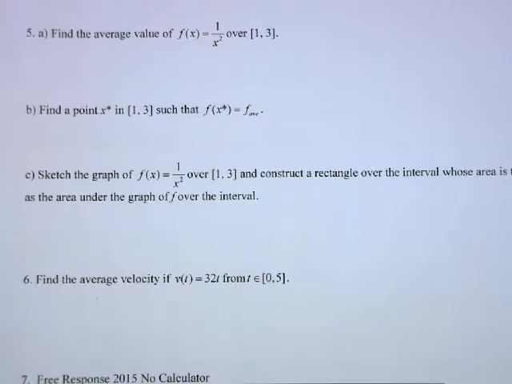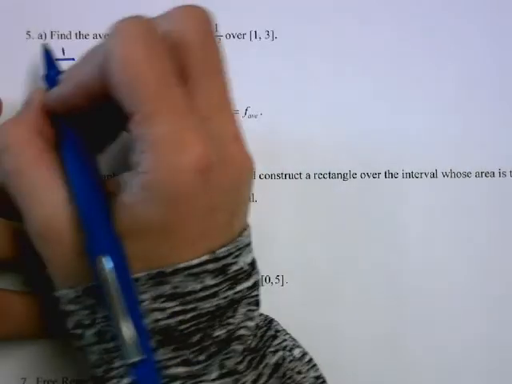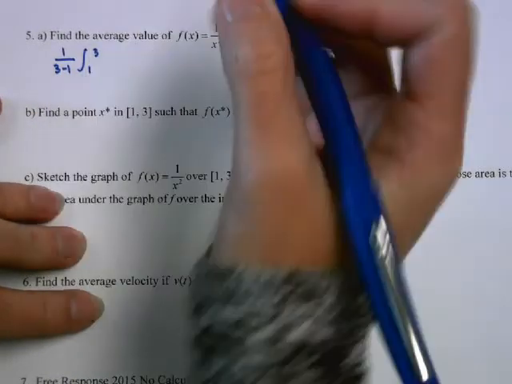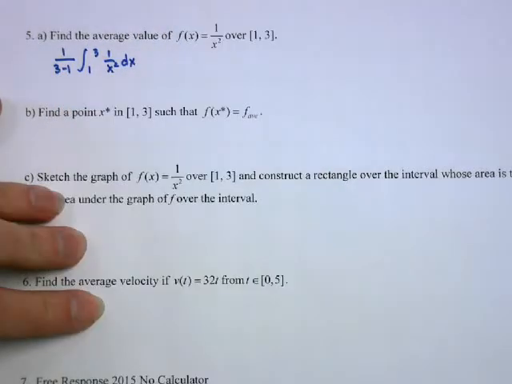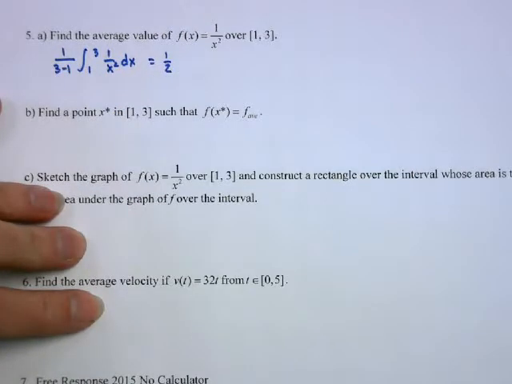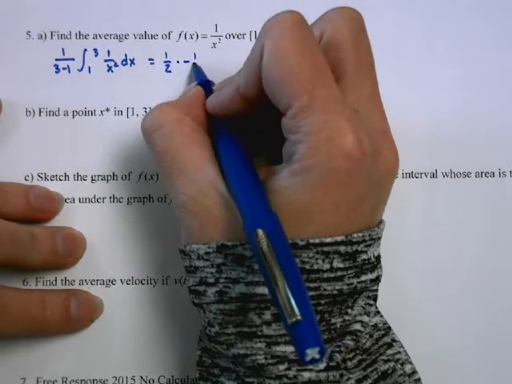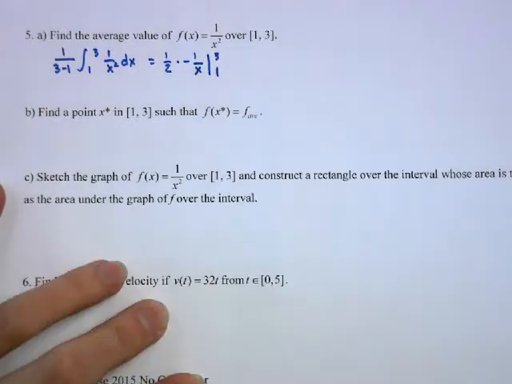Okay, find the average value of 1 over x squared from 1 to 3. So this is going to be 1 over 3 minus 1 times the integral from 1 to 3 of 1 over x squared dx. So this is going to be 1/2. The integral of 1 over x squared is negative 1 over x, evaluated from 1 to 3.